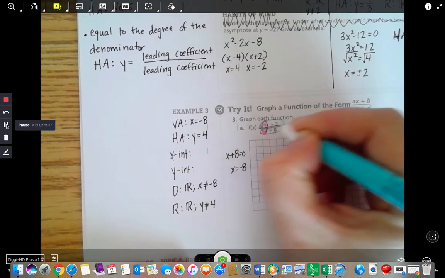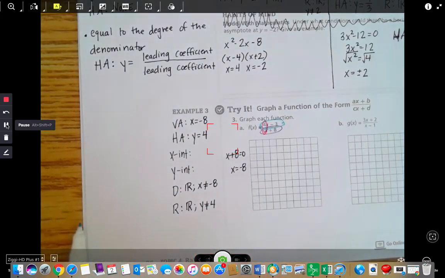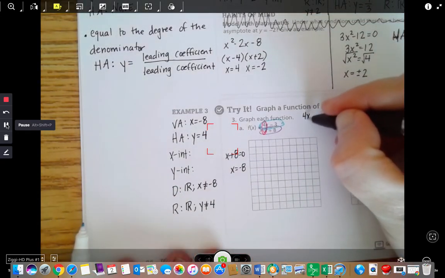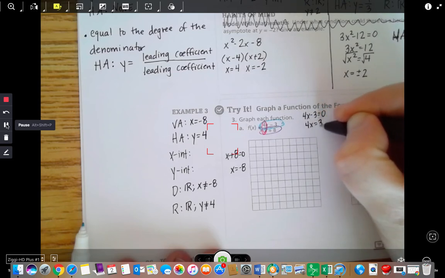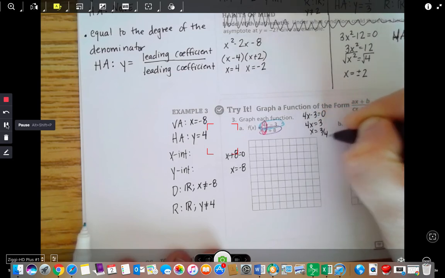X-intercept comes from the top here. So that'd be 4x minus 3 equals 0. 4x equals 3. X equals 3 over 4.